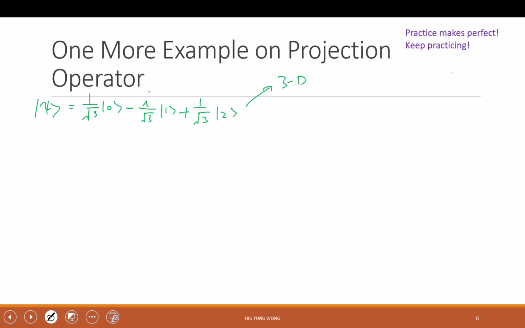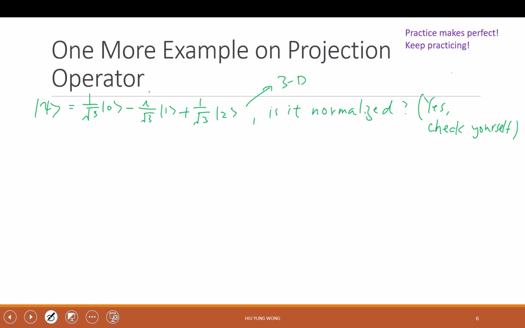The question: is it normalized? First of all, you always want to ask yourself. He said yes, okay, then we trust you. Check yourself. Should I do it for you? Please do it, and if you cannot get it, email me. Just make sure the magnitude squares sum to 1.